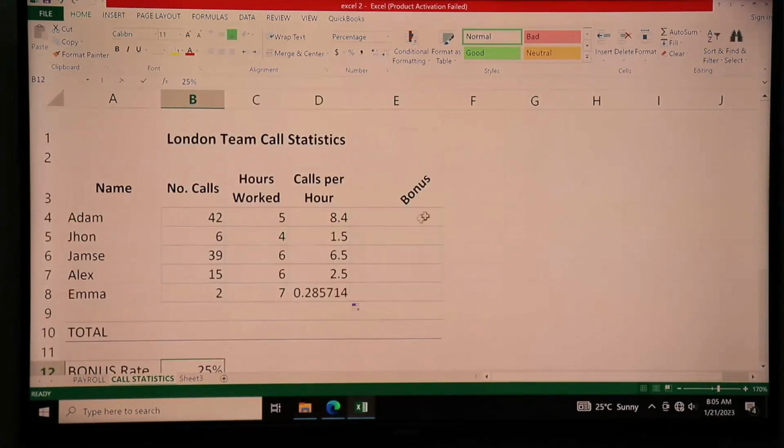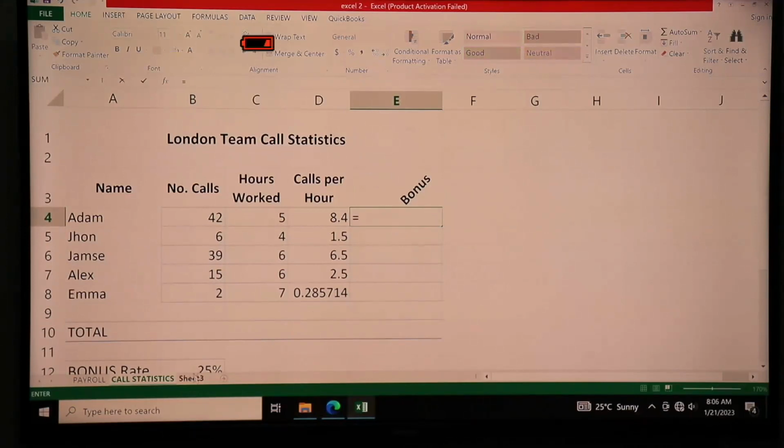All the formulas that will be here are supposed to refer to cell B12. Otherwise, you'll not be able to achieve the bonus. So how do you get the bonus? We are told that the bonus is equal to the 25% in cell B12. Then you multiply by the calls per hour cell.